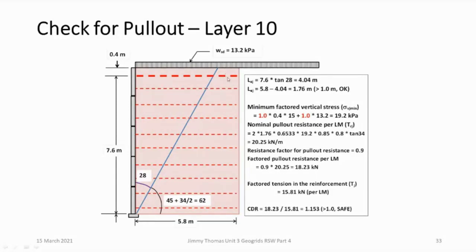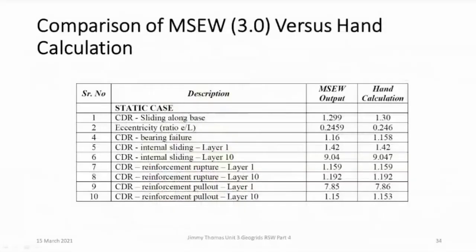We may not get the factor of safety. At that time, we'll have to increase the length by the required amount. Here we have given a comparison for this problem. If you design with MSEW, these will be the factors we get. 0.299. So it is a very close match.